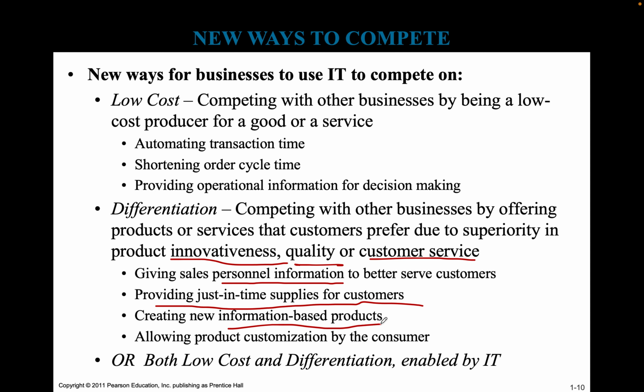Then you have to allow product customization by the customer. For example, if I want to customize your product, I can buy a volume of goods from you and say, I want you to customize it for me. Put my name, put my brand name on this product.